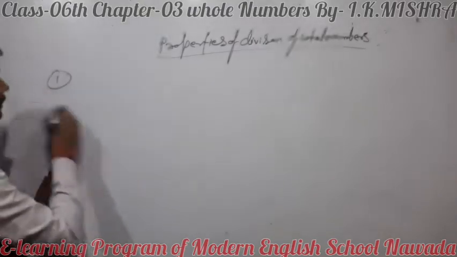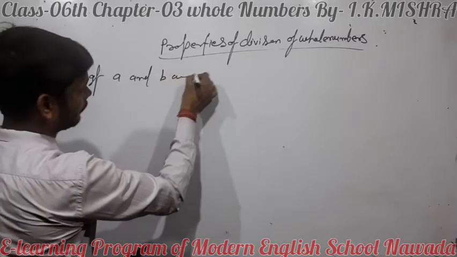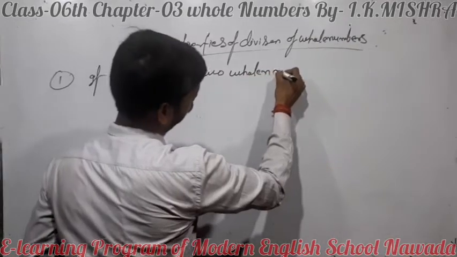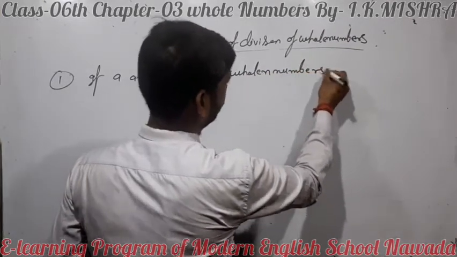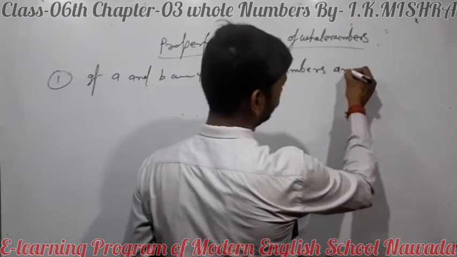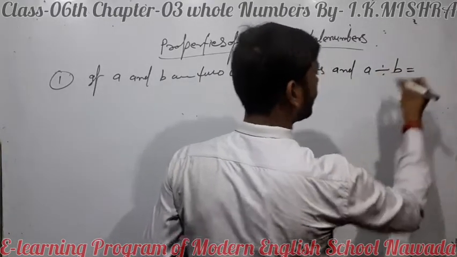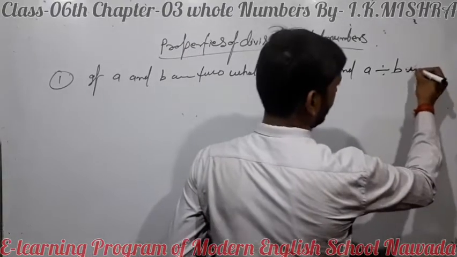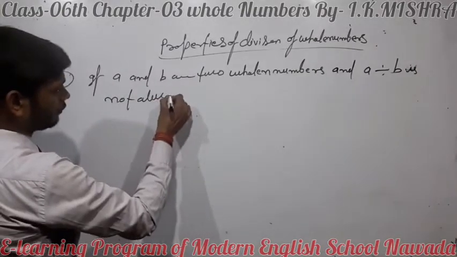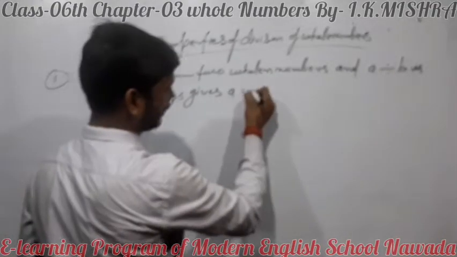First property: if A and B are two whole numbers, A divided by B does not always give a whole number.